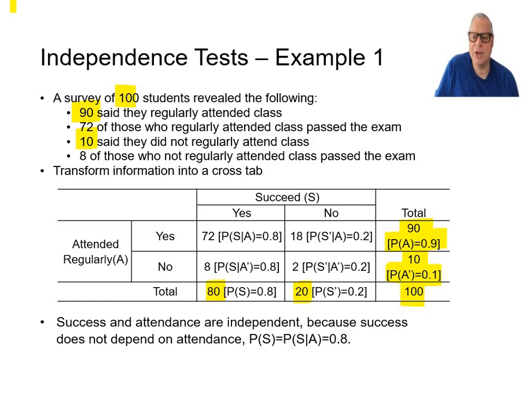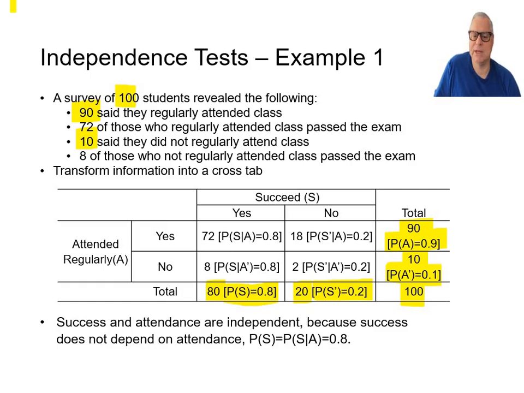And so now we know the overall probabilities that a randomly selected student passes the exam, that's 80%. The failing rate, that a randomly selected student from the entire population does not succeed, is 20%.